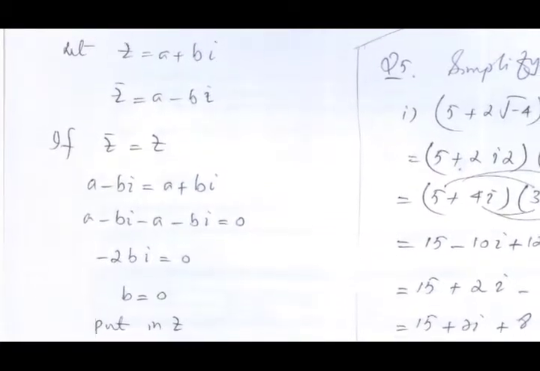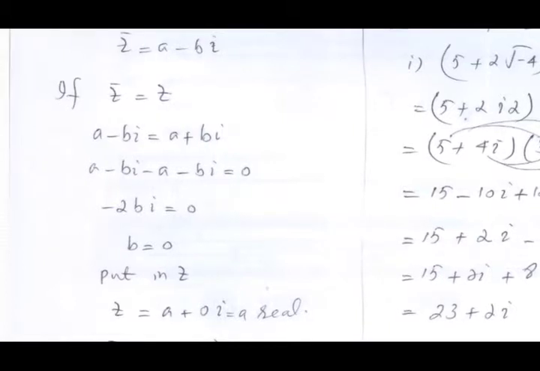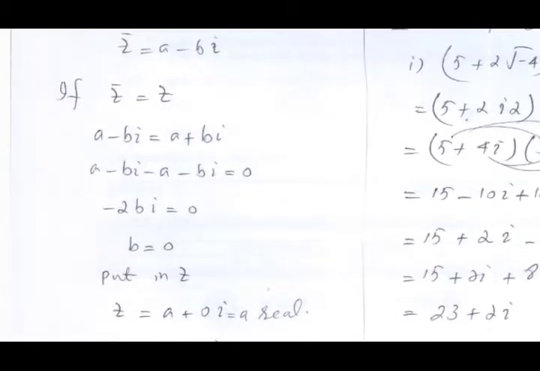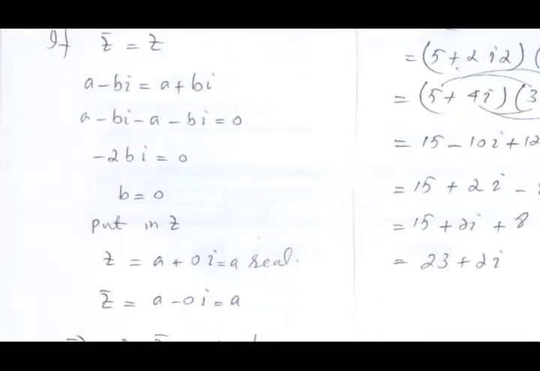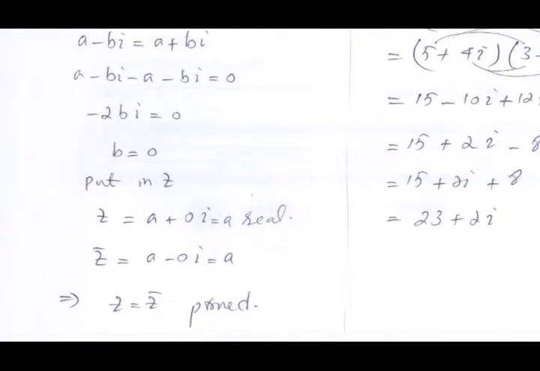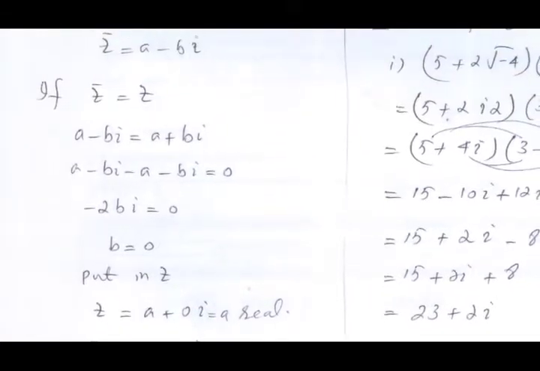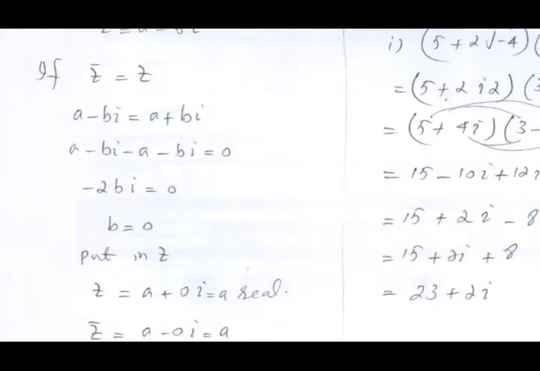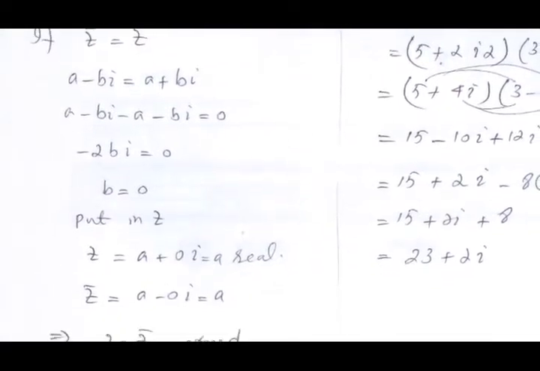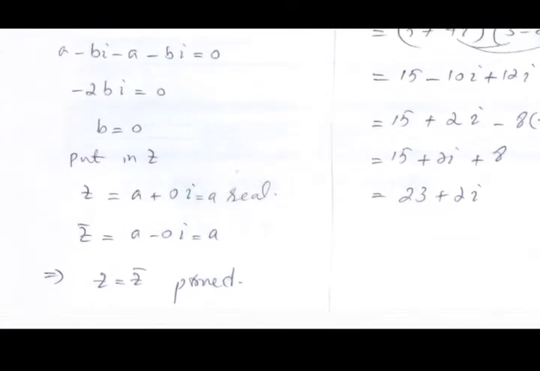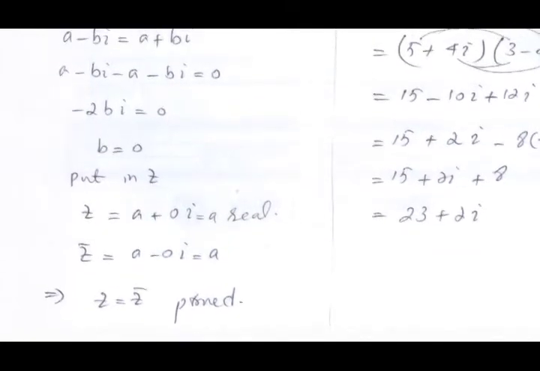We put it in z, it becomes a plus 0 iota, which is real. Then taking its bar, it also becomes equal to a, therefore z is equal to z bar. We start from the first condition and produce the result that z is real, and then show that z and z bar are equal.